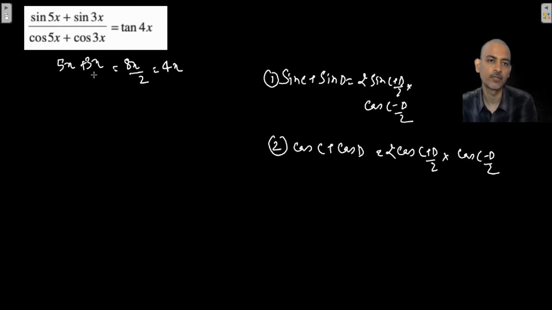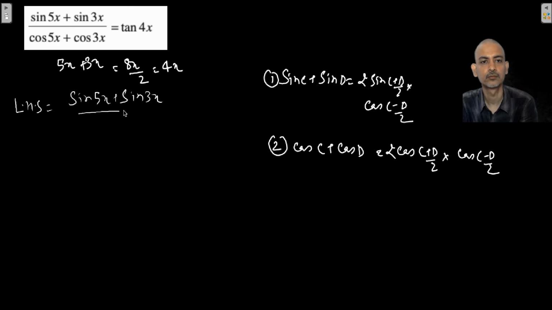So let's start with the problem. This is my LHS: sin 5x plus sin 3x divided by cos 5x plus cos 3x.